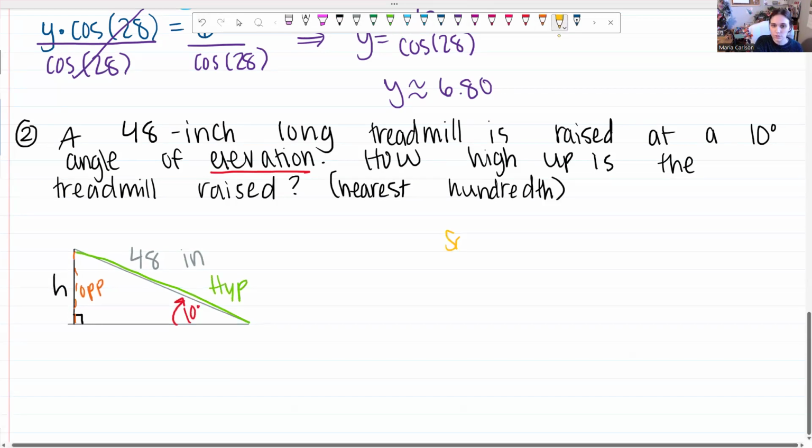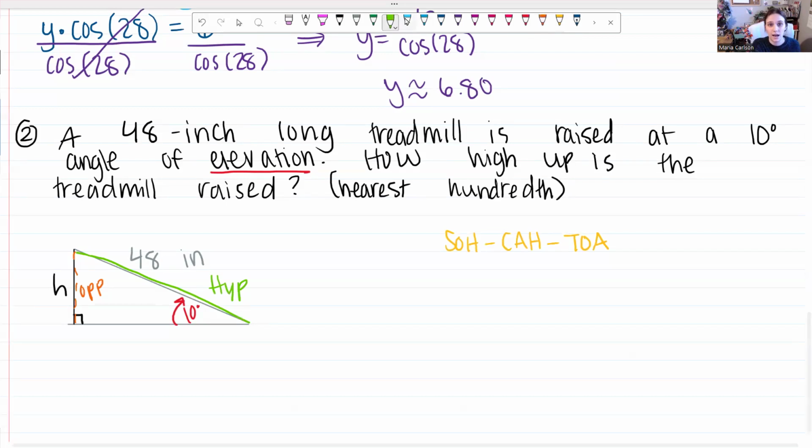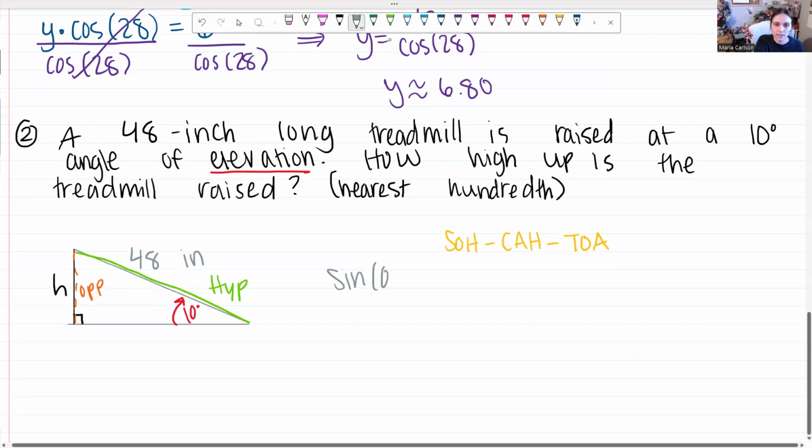Let's see, we're going to use SOHCAHTOA. The question is, which ratio? We want to find the opposite, but we do know the hypotenuse. So I'm going to use sine, and I'm going to use the fact that sine of an angle is equal to the opposite over the hypotenuse.